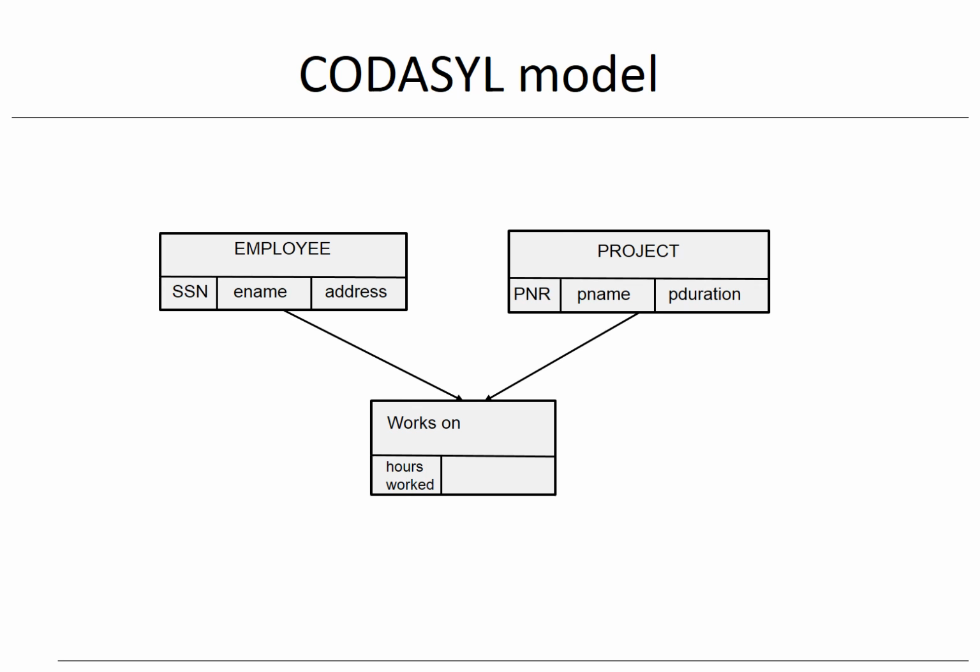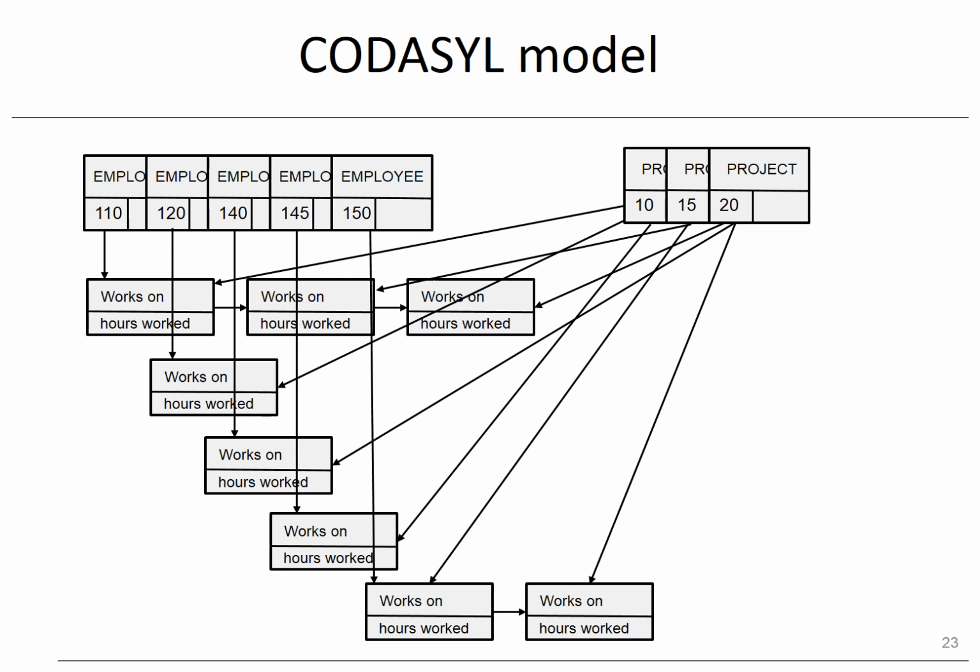Here you can see this illustrated with some example records. You can see that employee 120 only works on project 10, whereas employee 150 works on projects 15 and 20.